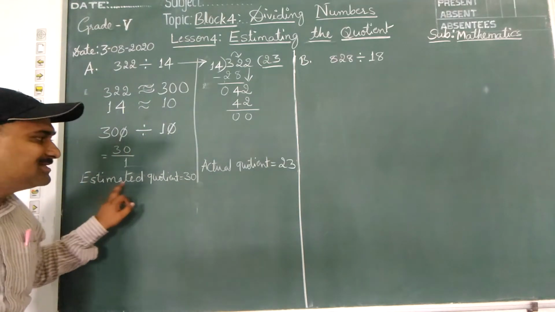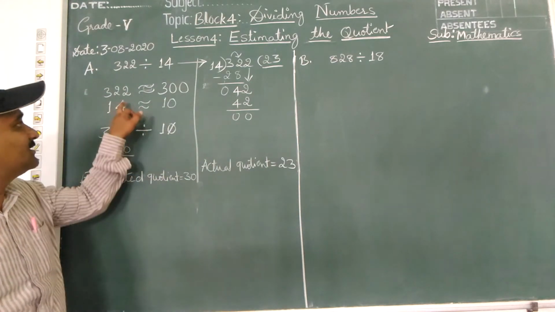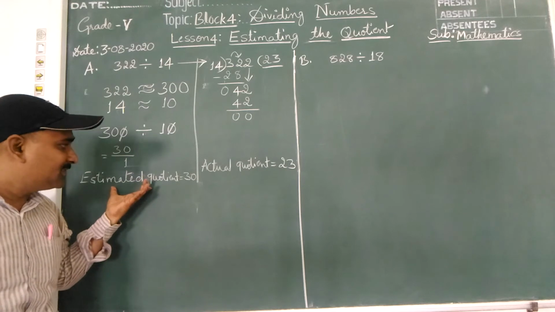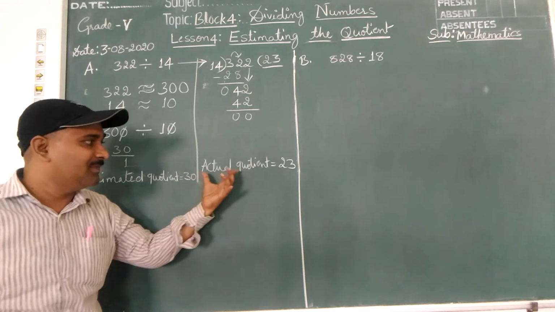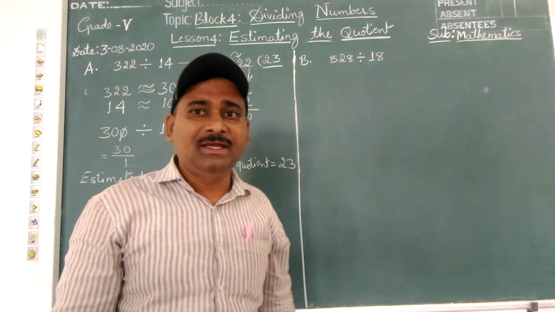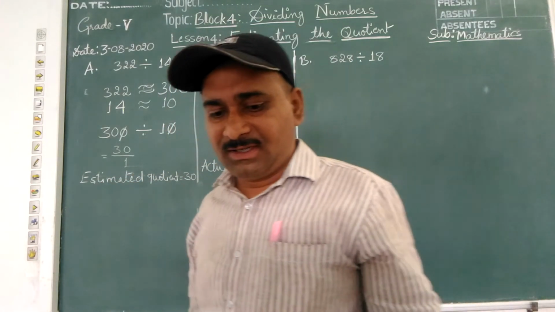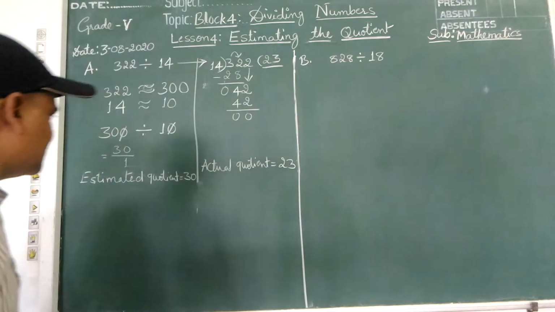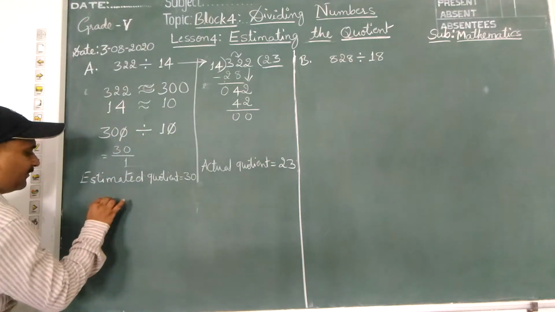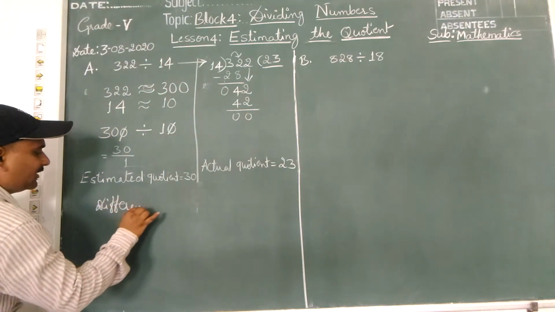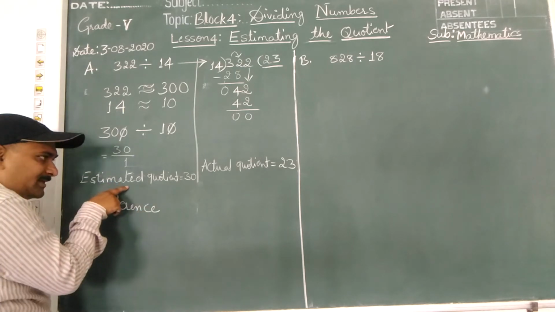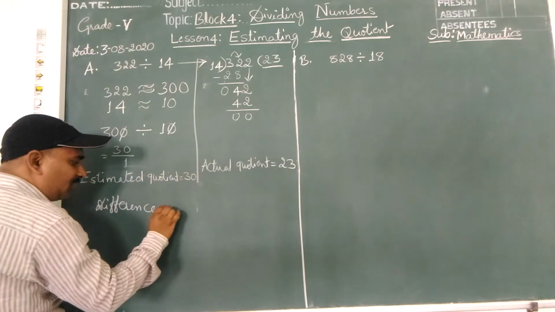23. Estimated quotient. Estimated means rounded off quotient. Estimated quotient how much? 30. Actual quotient 23. If the question is asked, compare with the actual quotient, then what should we do? Compare means you should find the difference of estimated quotient and actual quotient.